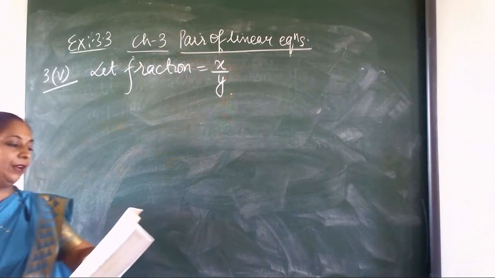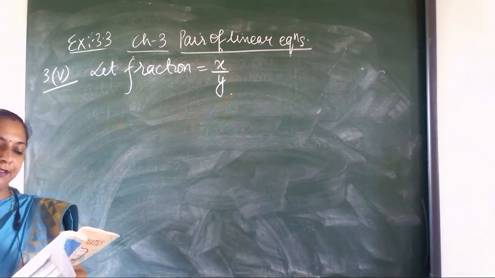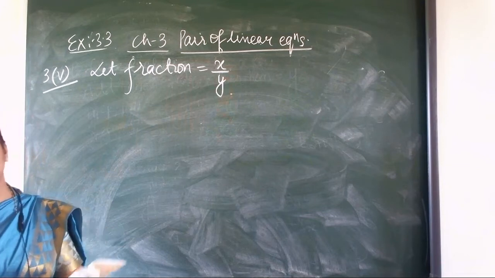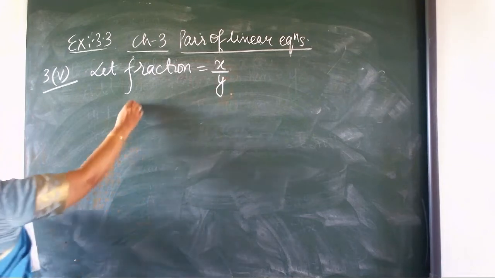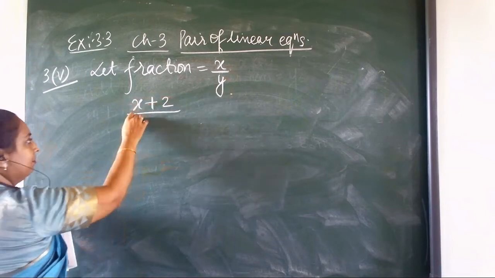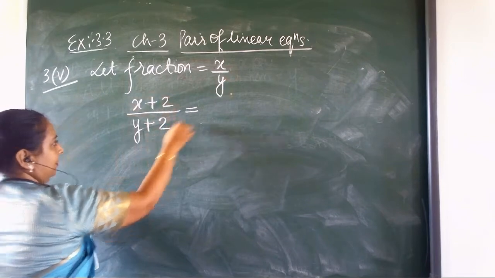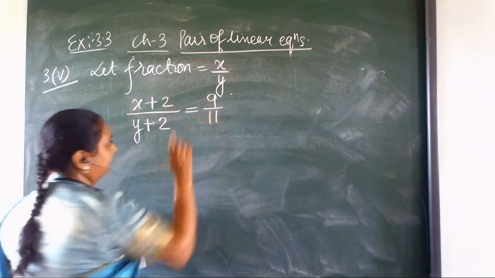Now see, the fraction becomes 9 upon 11 if 2 is added to both numerator and denominator. So 2 is added in the numerator and the same 2 is added in the denominator. Then the fraction becomes 9 upon 11.